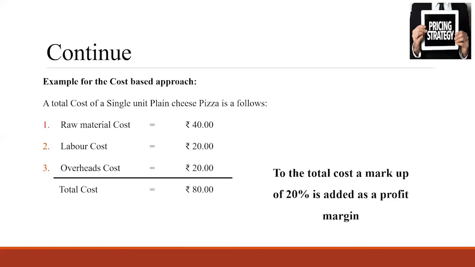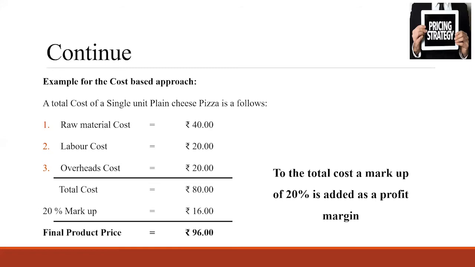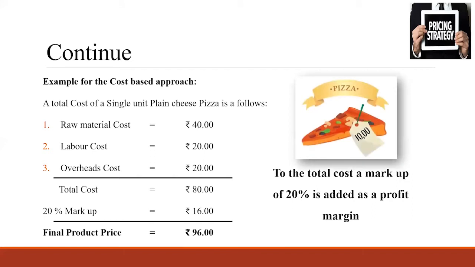To this total cost, a markup of 20% is added as a profit margin, which is ₹16. Hence, the total price of that particular product will be set at ₹96. All the digits are decided as per assumptions. That's how a cost-based pricing approach works, where all the costs of the product plus the markup are added and it becomes the final product price.